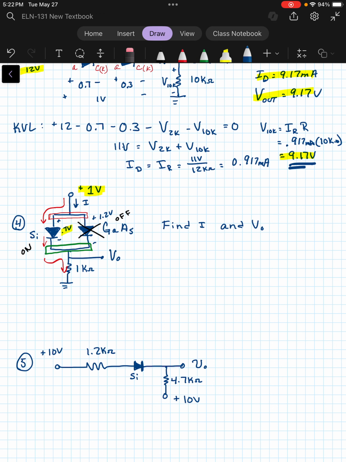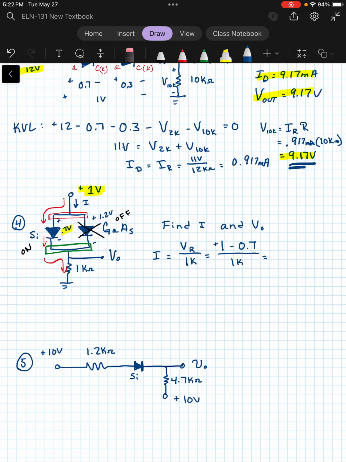So if we're looking for I here, I would simply be the voltage drop across the resistor, the 1K ohm, divided by 1K. Now what is that voltage? Well, we start with the voltage we were supplied, which is 1 volt, and we drop the voltage across the silicon, and that's what's left to be our voltage drop across the 1K ohm resistor.